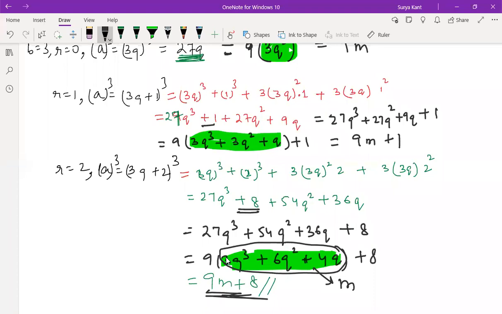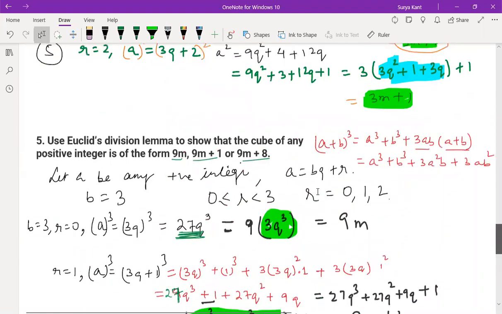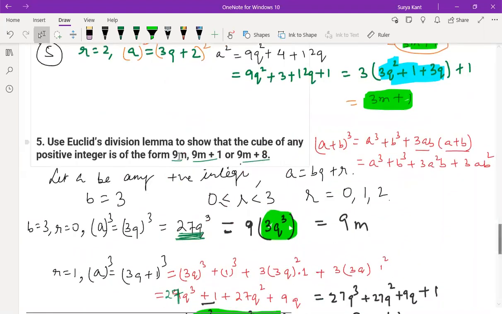So anyone having doubt in this? Sir, then m is different, no, sir? M should be same, no, sir? No, it's not. See, m is any integer. See, children, in the question they have given that it is of the form 9m, m may be any integer. It's not the same everywhere.